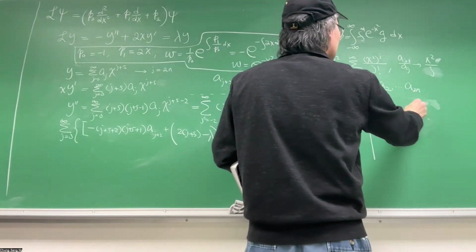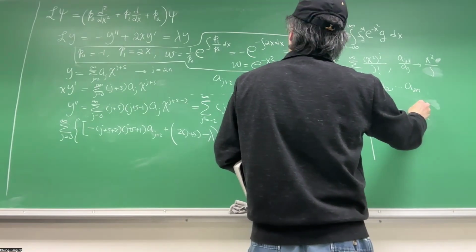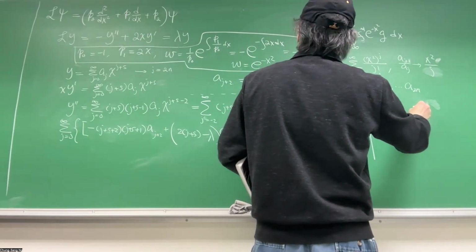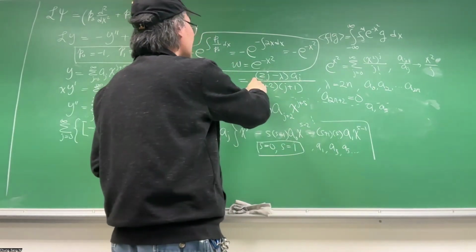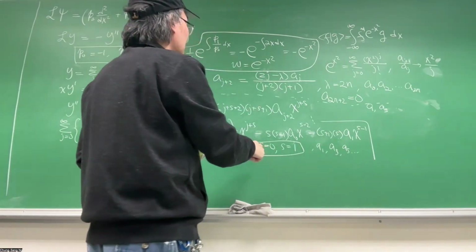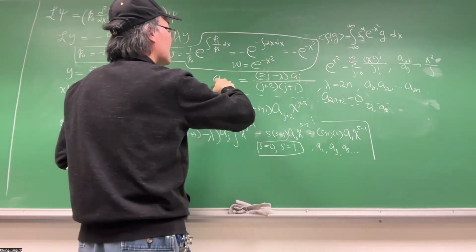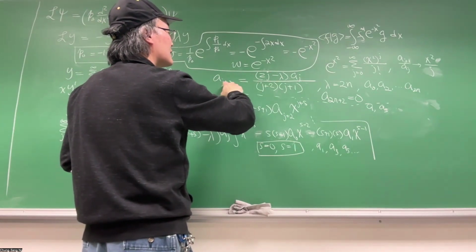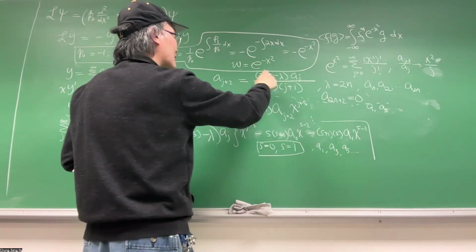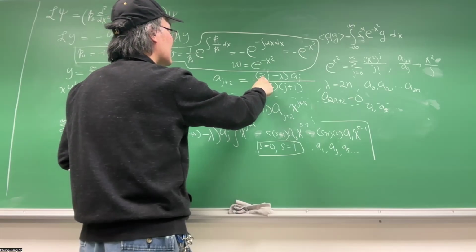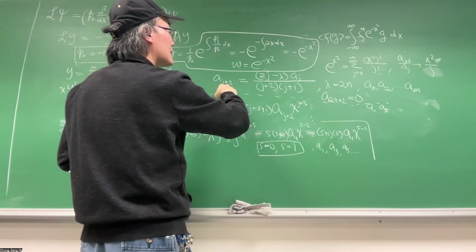But j is lambda over 2. The iteration equation for S equals 0 is still the same. You just start from 1 and then get 3. If lambda is 2, then you have 3, right?